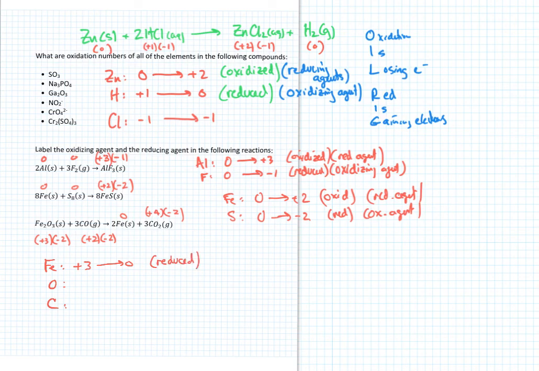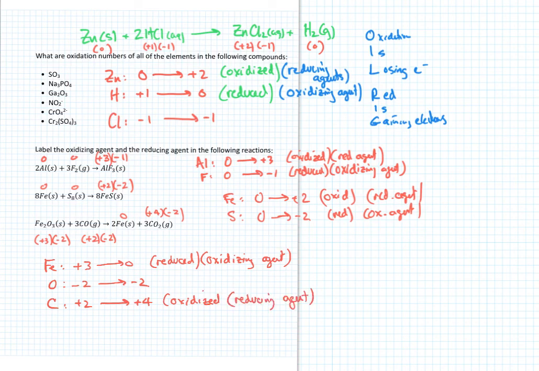And that means there must be another one that's oxidized. This is the oxidizing agent. Oxygen goes from -2 to -2. It's not really a spectator ion, but it's also not really involved in this reaction directly. And then the carbon goes from +2 to +4. So the carbon is actually oxidized, or also known as the reducing agent.